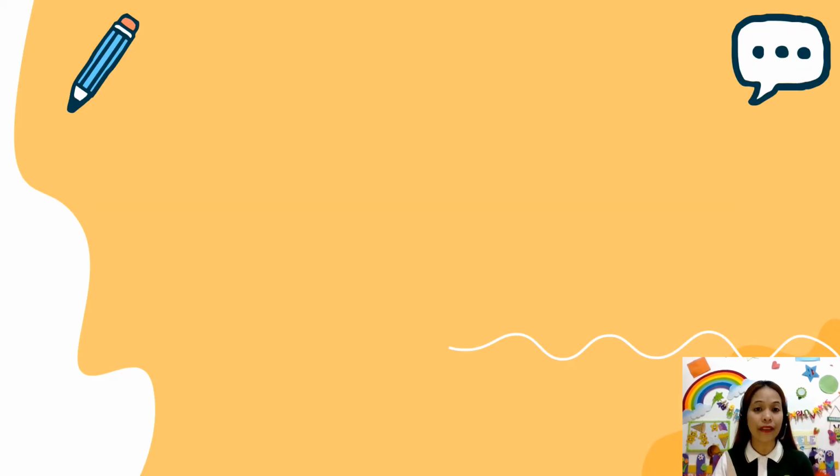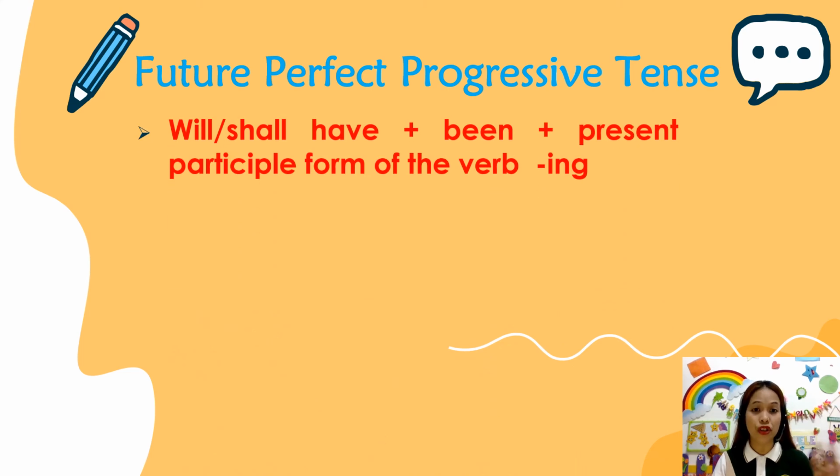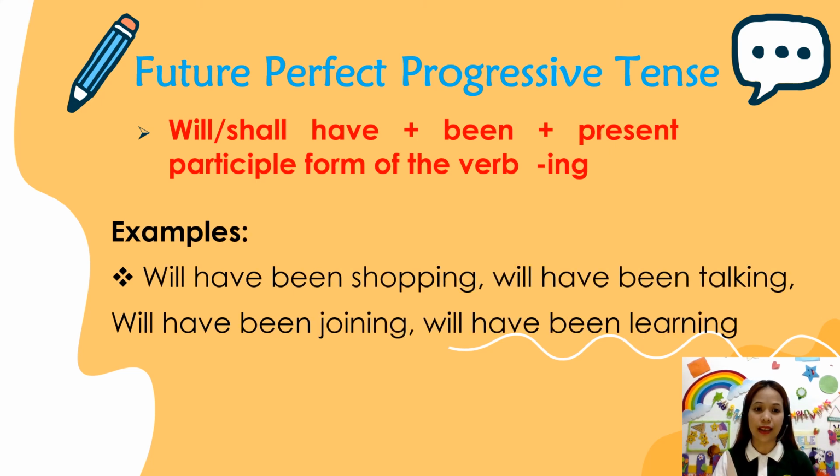So we also have the form will or shall plus have, which is always the base form, right? So you can use it for singular and plural subjects. Then been plus the present participle form of the verb, ing. Examples: will have been shopping, will have been talking, will have been joining, will have been learning.